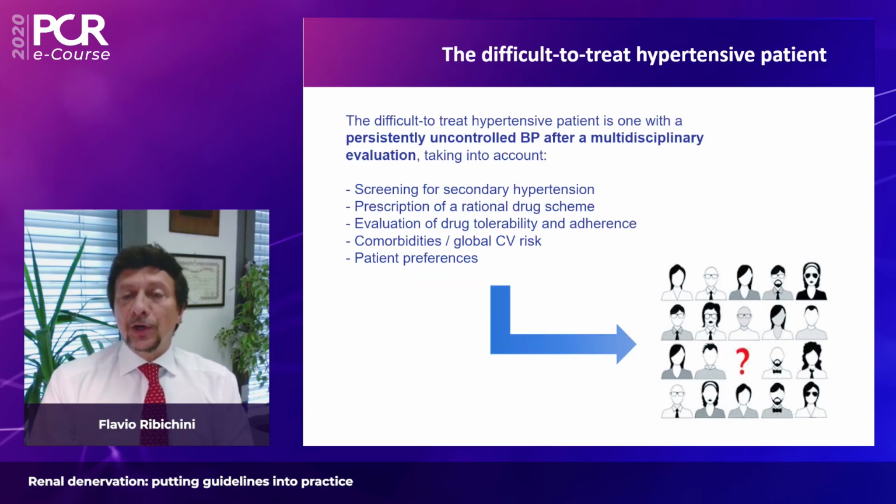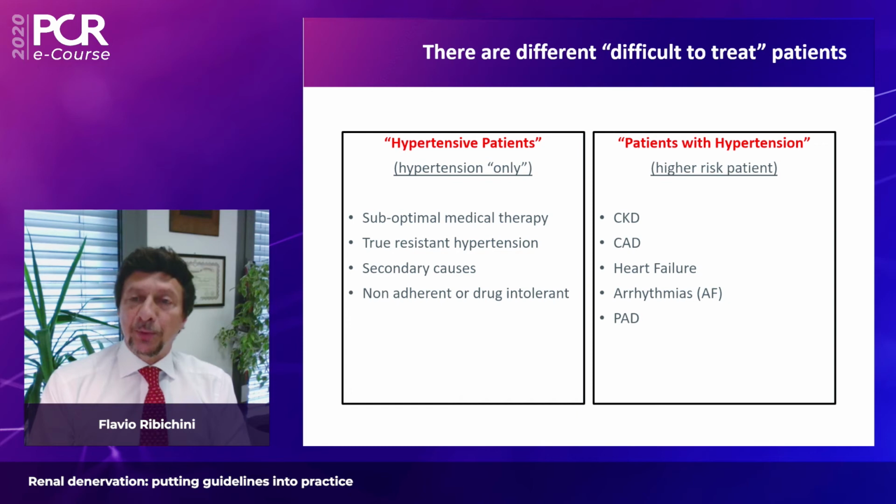The definition of the difficult to treat patient comes after the evaluation of a multidisciplinary team that takes into account, first of all, the ruling out of secondary hypertension, the analysis of the prescription of a rational drug scheme, the evaluation of drug tolerability and adherence, comorbidities, global cardiovascular risk assessment, and of course, patient's preference.